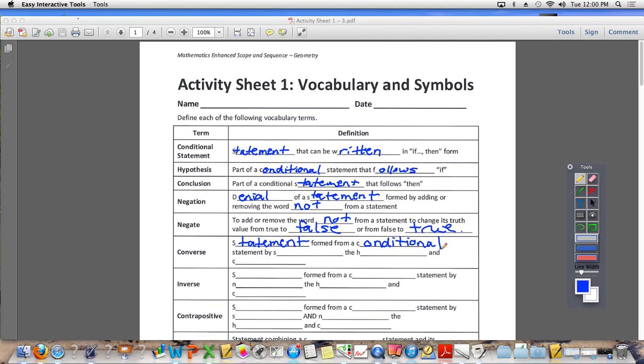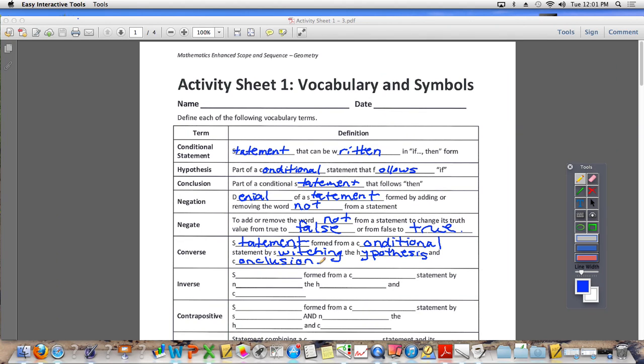Switching was what I was looking for, but that's not the only word that will work there. By switching the what and what? The hypothesis and conclusion.